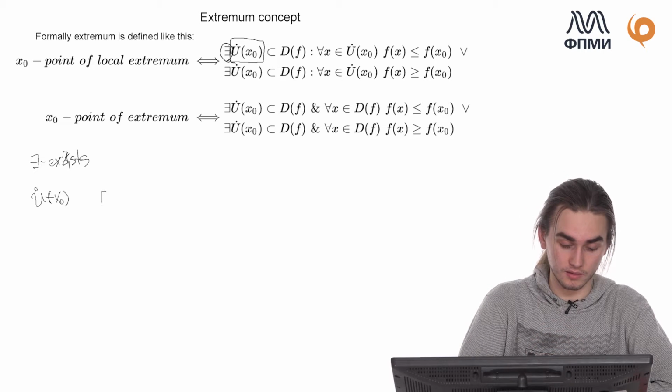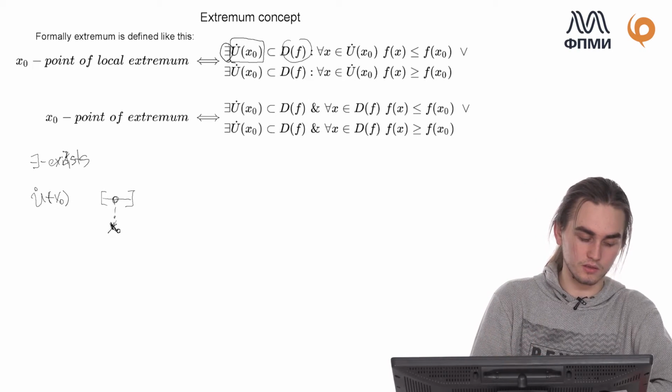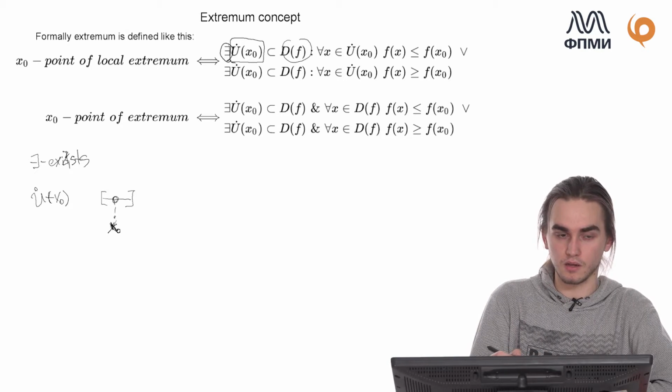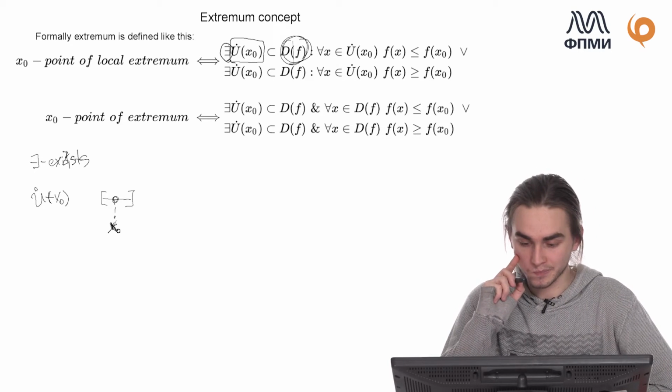So it's basically an interval around the dot without the dot. So it's okay. This is the definitional area or definitional domain. It's basically where your function gets its x's from. So it's like our big set of x's.